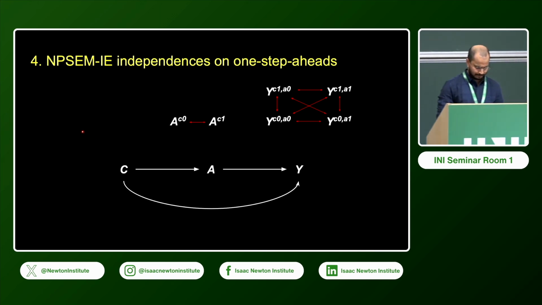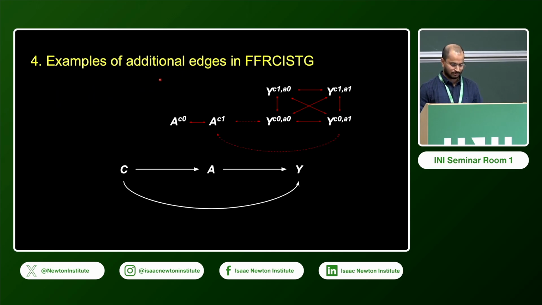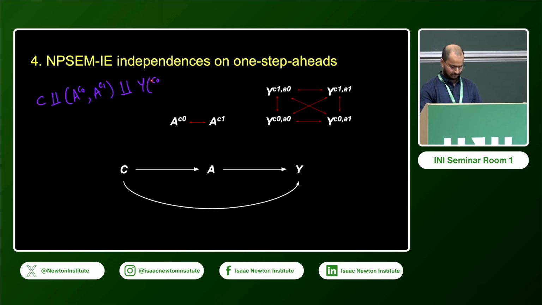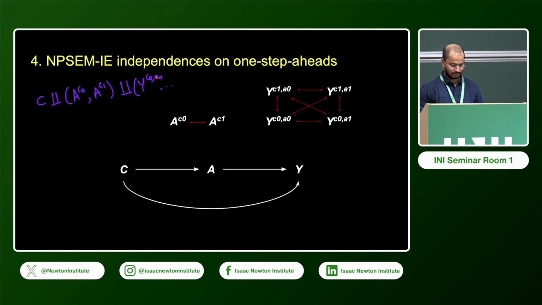So in particular, I have that C is independent of both A_C0 and A_C1, which is in turn independent of Y_C0, A0, all the way up until Y_C1, A1.